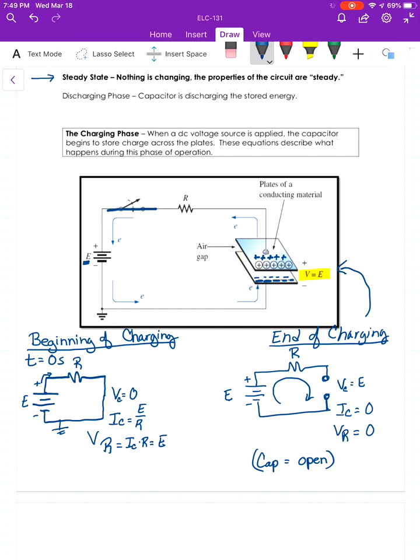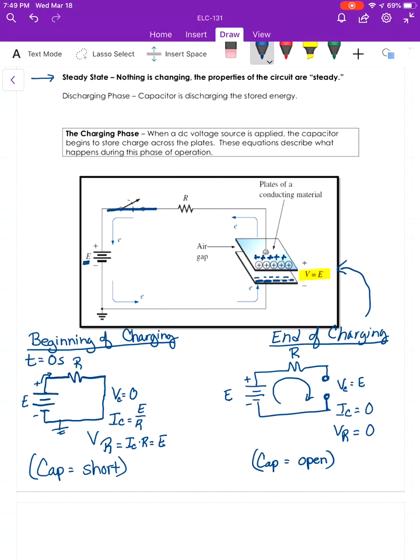Okay? So in the beginning of the charging phase, your capacitor actually looks like a short circuit. There is no voltage drop across it, but there is current. And in the end of the charging phase, your capacitor looks like an open circuit. There is a voltage drop across there, but no current in this case.